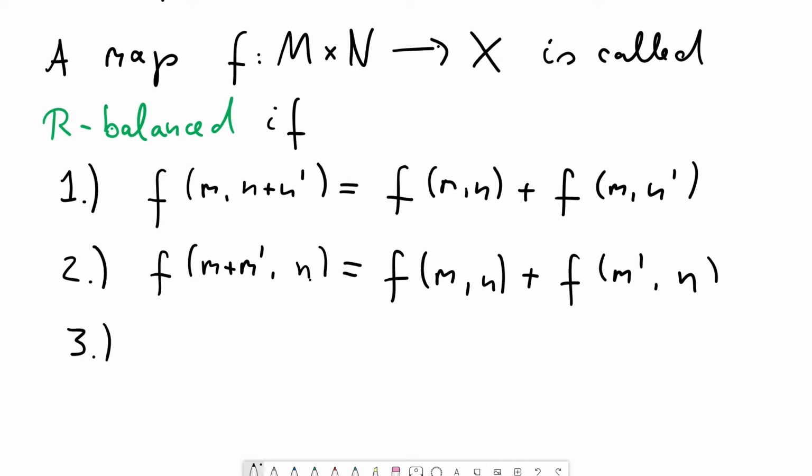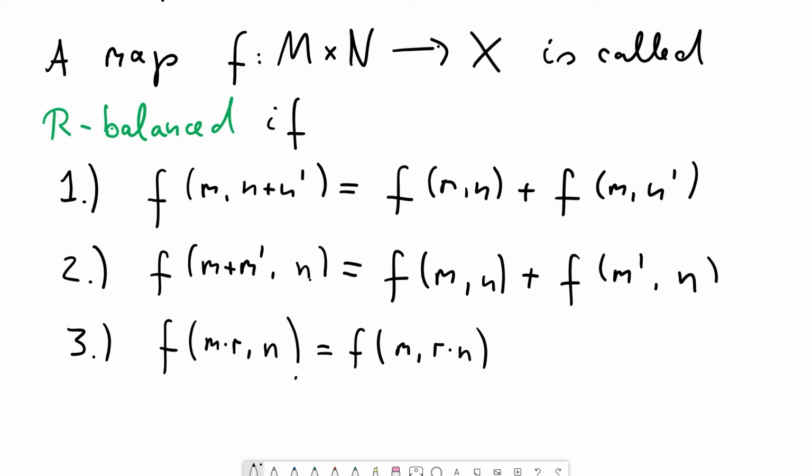And finally, this is probably name giving for this term R-balanced, is the following compatibility with the multiplication by ring elements. Namely, if we take some element r from our ring and multiply it to an element m in our right R module, so I've got to multiply it from the right like this. And then we apply the map F for such a pair, m times r comma n. Then this is supposed to be the same thing as if we had multiplied the other variable, which now is multiplication from the left, since N was supposed to be a left R module.